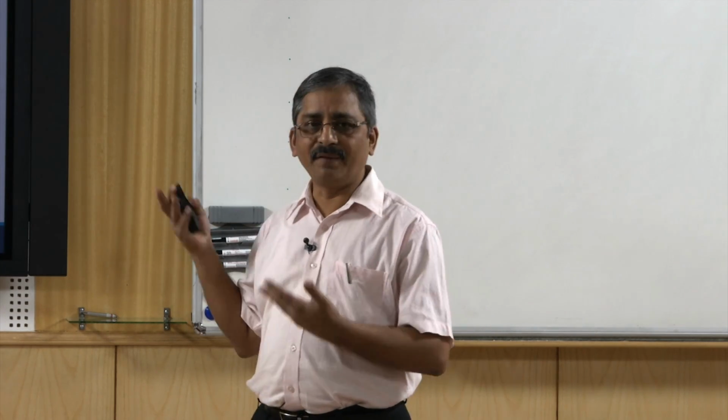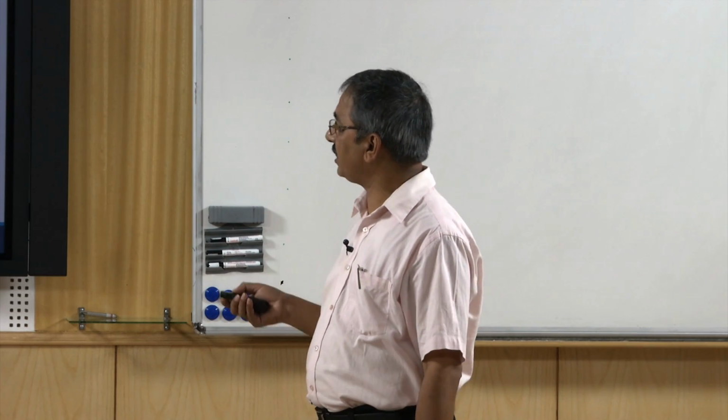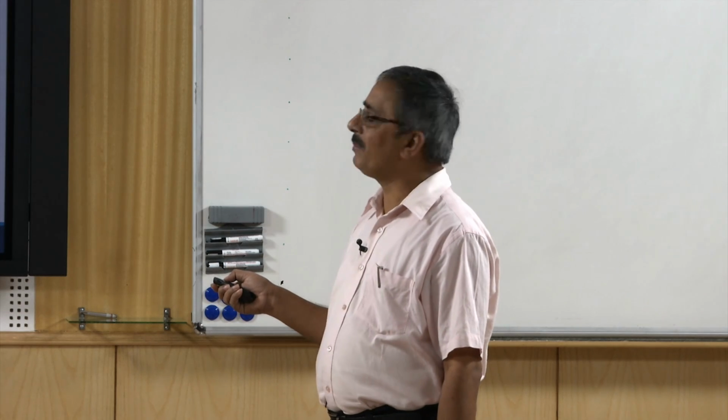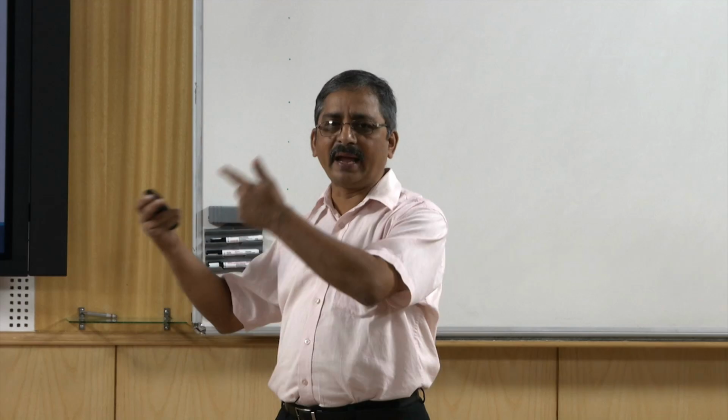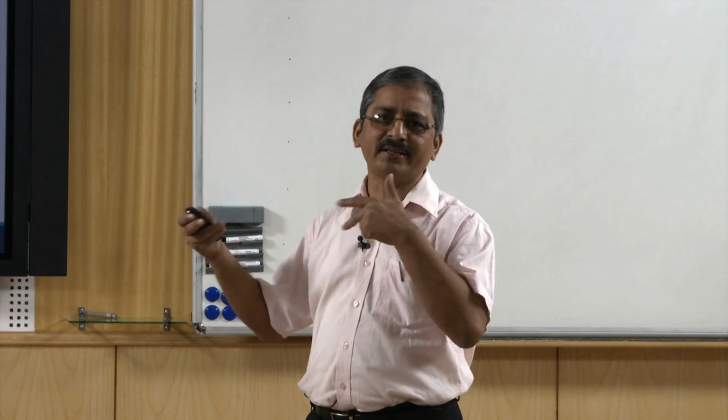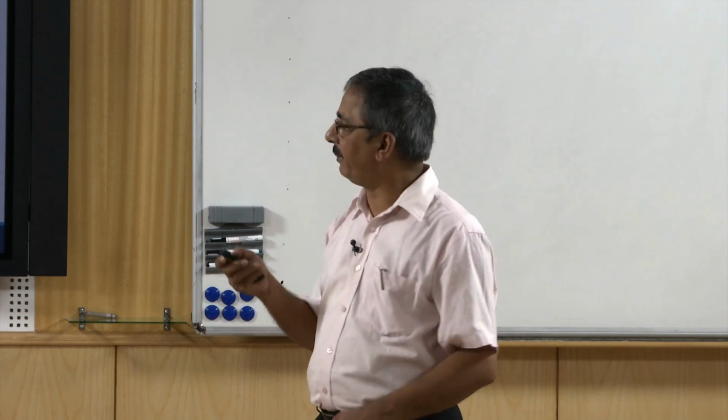That is, in terms of the parameters which I have just discussed here, for the given time histories of u and y, I know u and y through experimentation. I give certain input and I get certain output, and I measure that output through experiments.